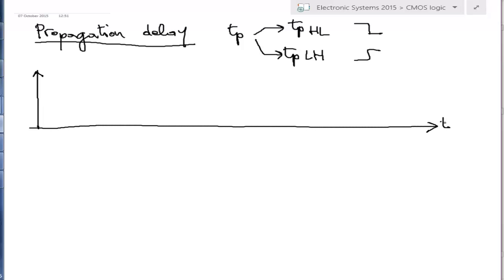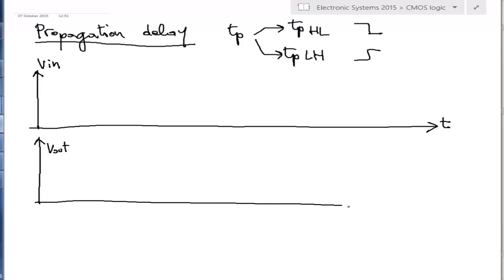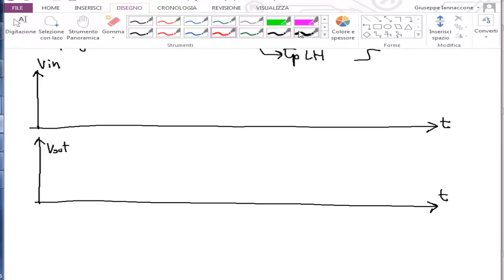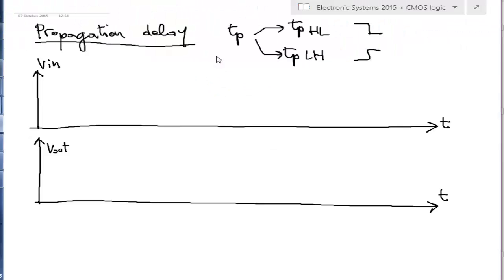In order to evaluate the propagation delay, we have to consider the dynamical situation. So we have time-dependent behavior of the input voltage and of the output voltage. So let's assume that the input voltage changes between the high and the low level a few times.